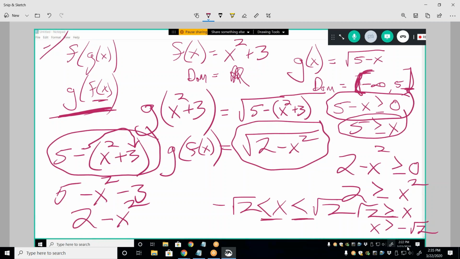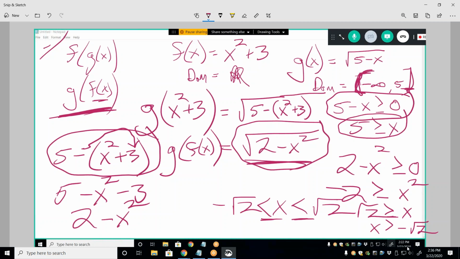Could x be minus 3? No. Okay. Can x be minus square root of 2? I'm looking up here now. Okay. Yeah, because that would be 2 minus 2, 0. And x can be all of those little numbers between negative square root of 2 and positive square root of 2. It can be 0, it can be 1, it can be 1.4. It just can't be less than negative root 2, and it can't be greater than root 2.